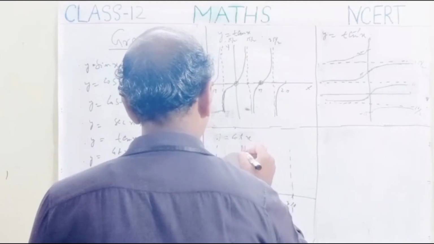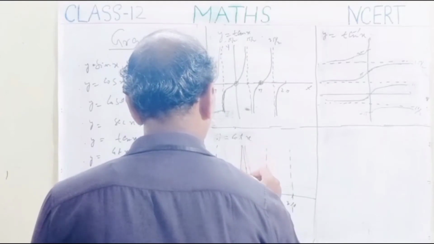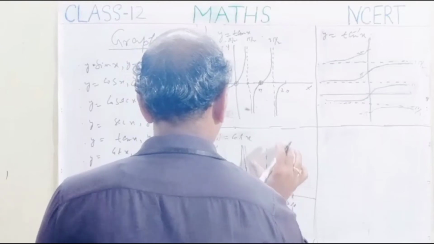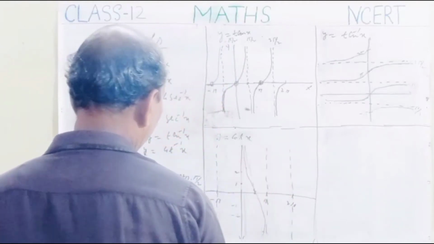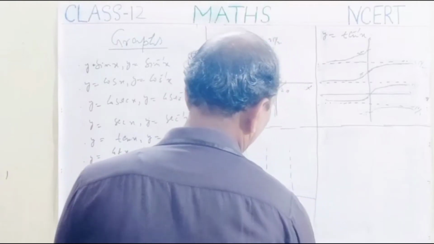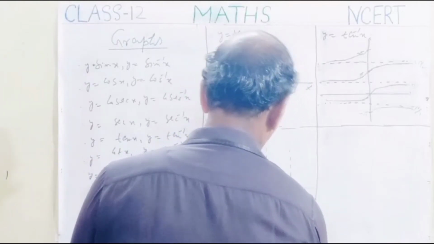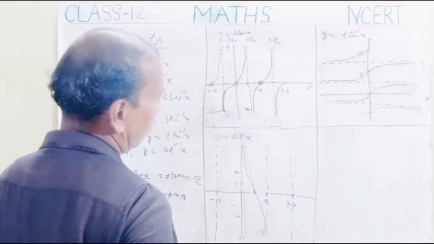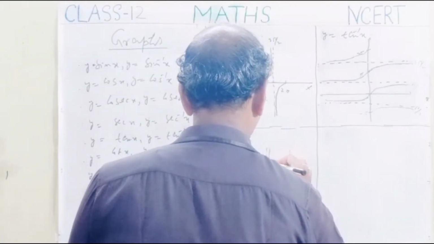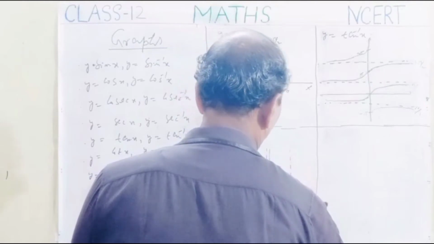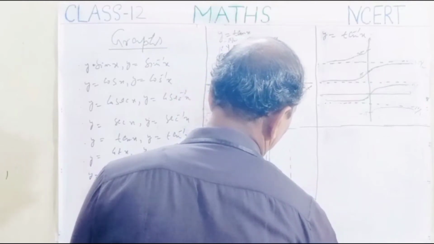This point is at infinity. At pi by 2, the value is 0. Similarly, for 3 pi by 2, the value of cot is equal to 0. So the graph will be something like this, and this will be the graph.